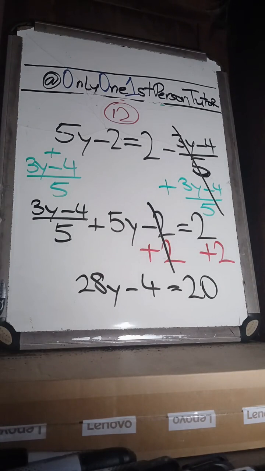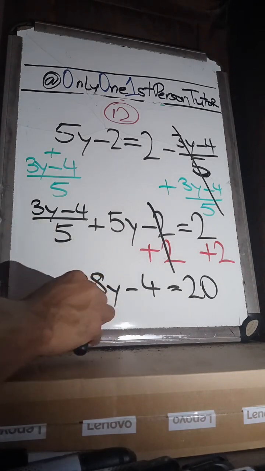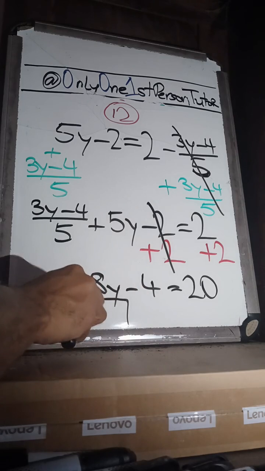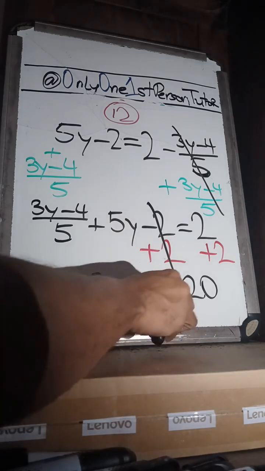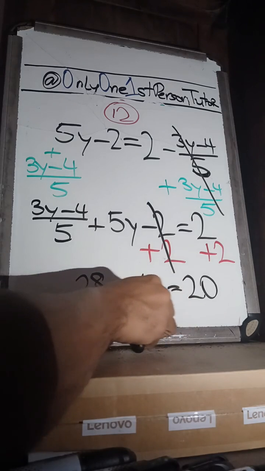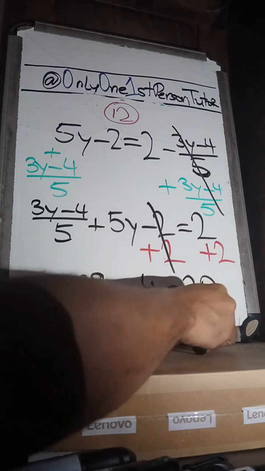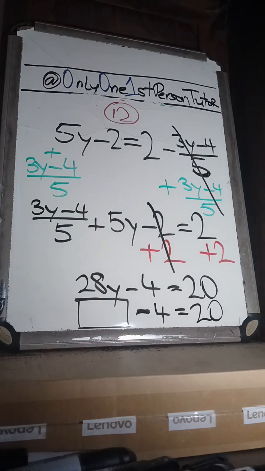And as usual, my favorite thing to do, even if it's primary school, it's fine. If I took 4 things out of a box and there are 20 left, how many things did I originally have?